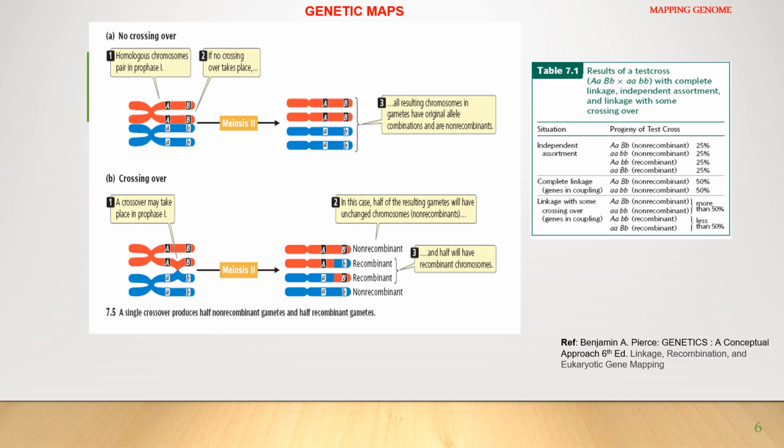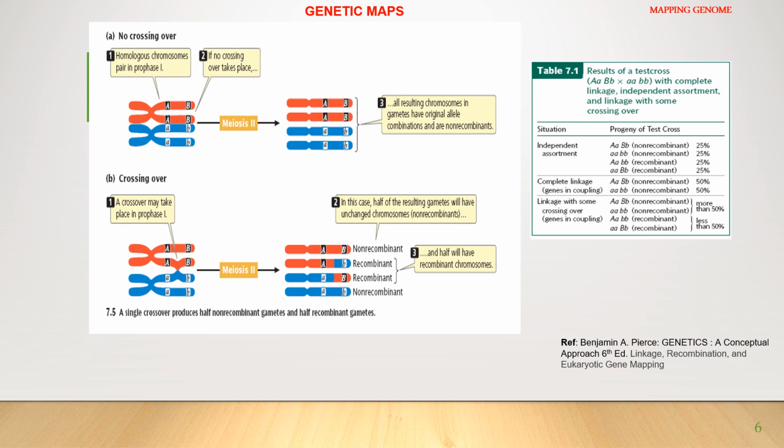If the alleles assort independently, equal proportions of parental and recombinants would be observed, that is 25% of each type. In case of partial linkage, varying proportions of parental and recombinant progenies are observed. More than 50% of the progenies would be parental types. Partial linkage groups are used for making linkage maps.